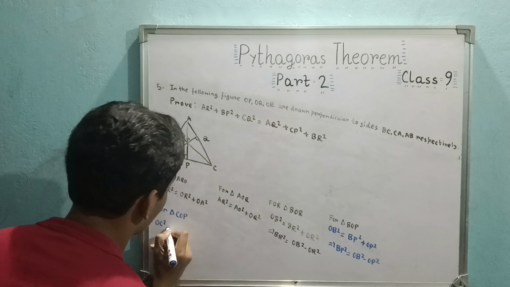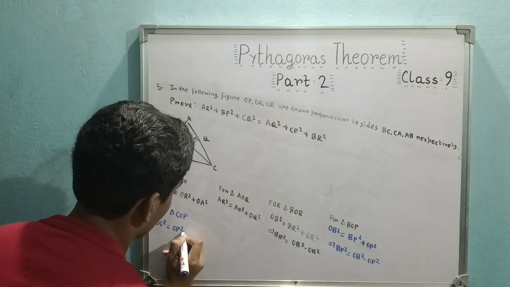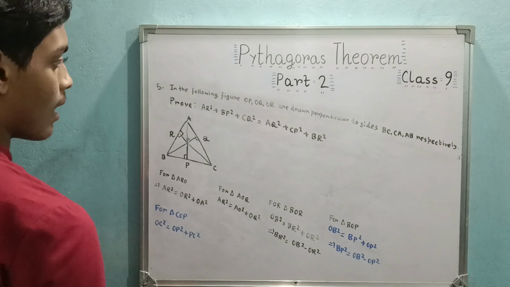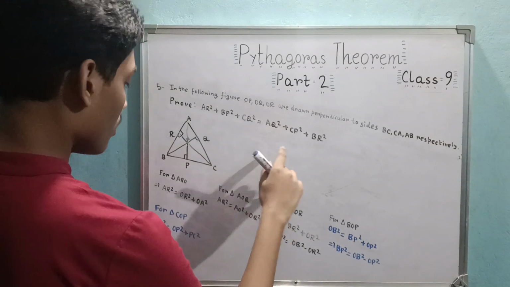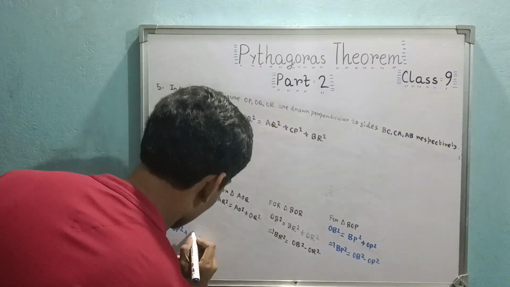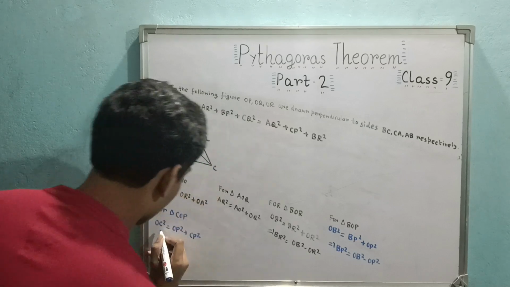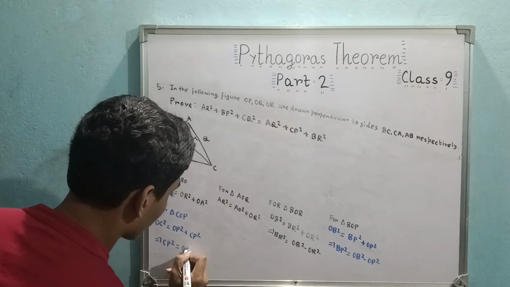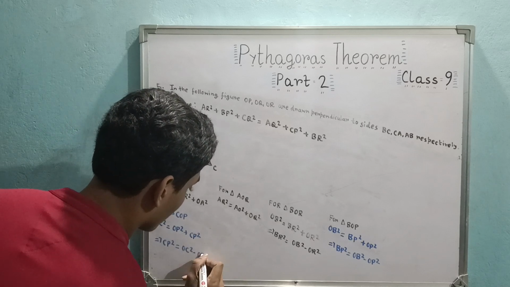OC is the hypotenuse. Now for CP I have to calculate: CP square equals OC square minus OP square.